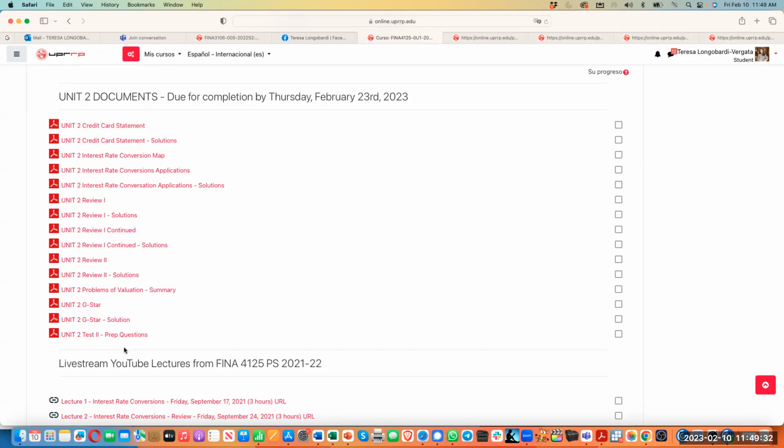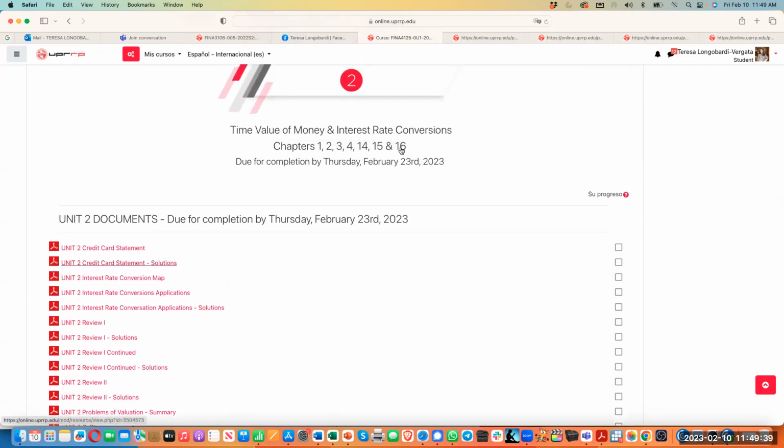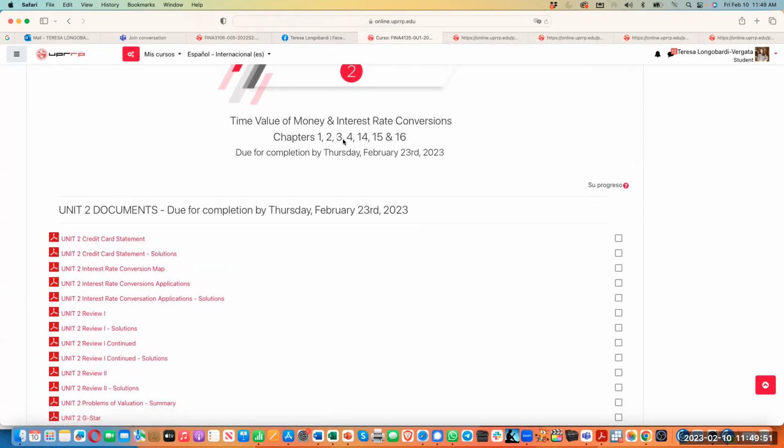You can read the chapters. I wrote a lot of chapters here, but really, that's just to have the background on stocks and bonds and initial public offers. And I don't know why I put chapters 2 and 3. I think it's just 1, 4, 14, 15, 16. I'm going to check. Why did I put 2 and 3?